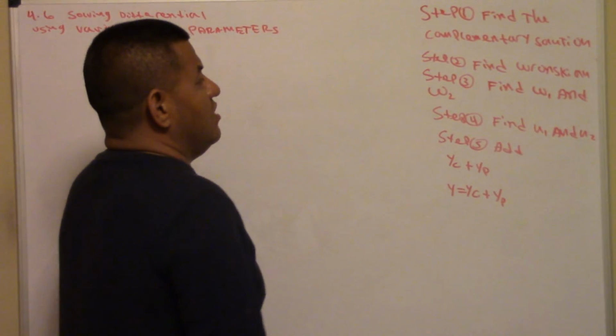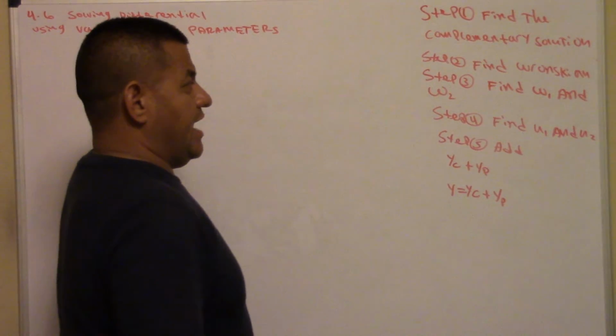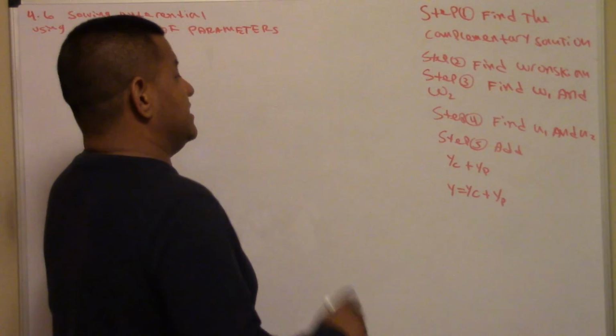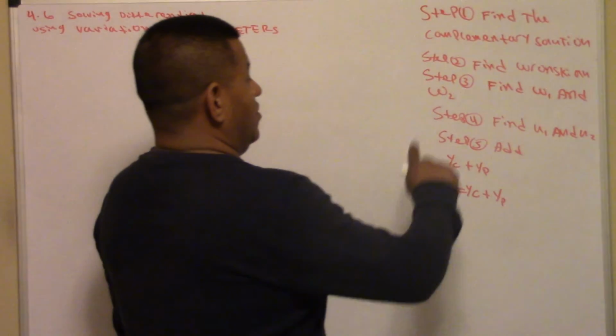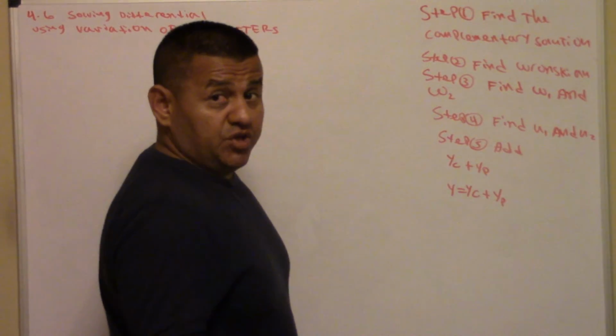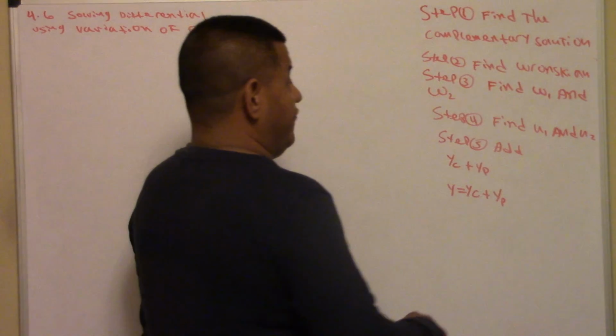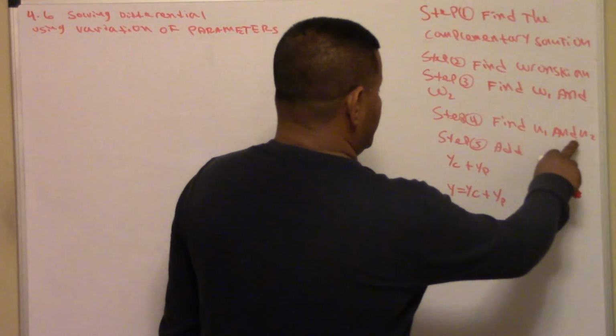Second step, we are going to find the Wronskian. Then step 3 is we are going to find W1 and W2. In step 4, we are going to find u1 and u2.